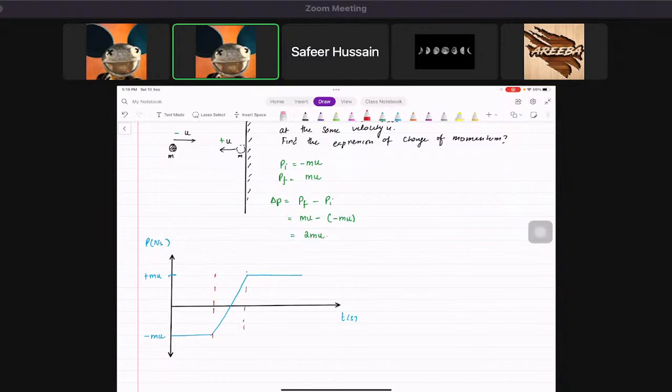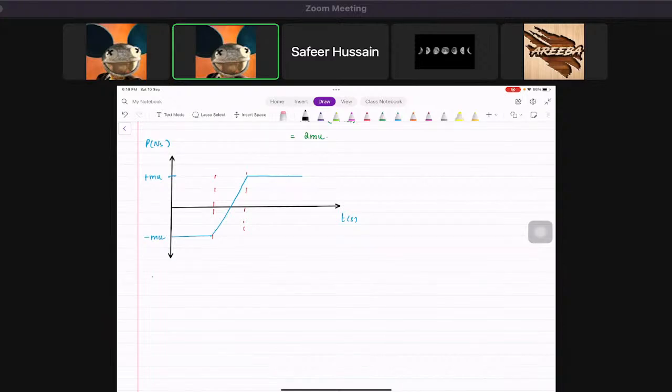But before that, we need to understand what impulse is. Impulse is defined as the product of force and, sorry, my bad, the time for which this force was applied, which causes a change in momentum.